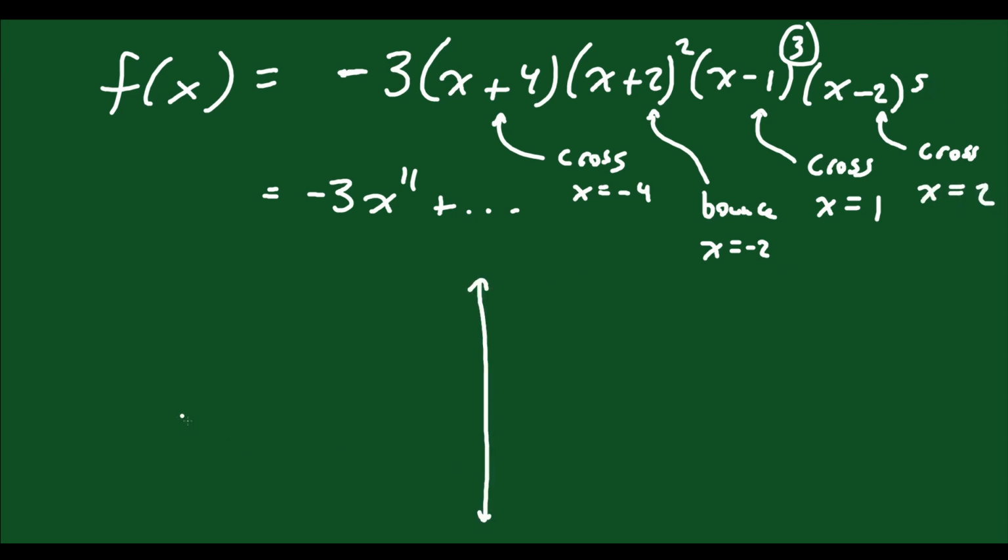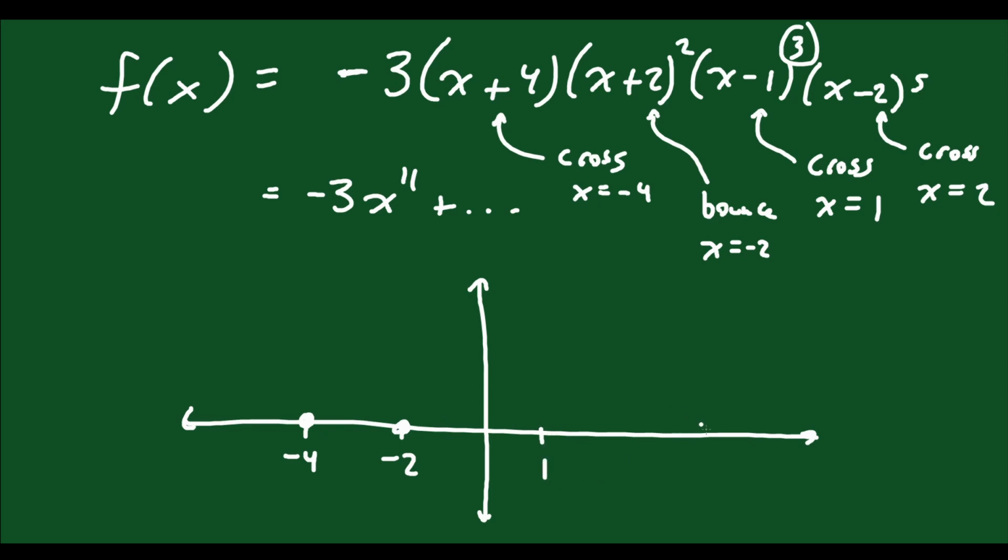So let me show you what I mean. We're going to write down all these roots. So you have negative 4, negative 2, 1, and 2. Now it's negative, so it should be going down over here. It's going to cross at 2, and remember what I said, 5th degree, so it's going to be sort of an exaggerated wiggle like that.